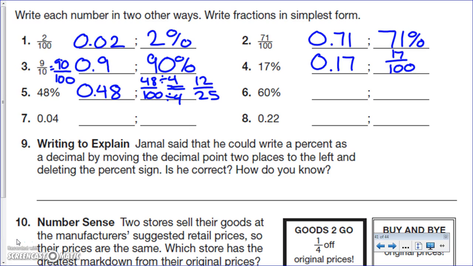For number 6, we have 60%. We're going to write that as a decimal. Now we know when a 0 is on the end of a decimal, when it's off on the right there, it's not holding any place. It's not keeping anything separated. It's pretty much useless at that point, so we're going to take it off, so we end up with 6/10.